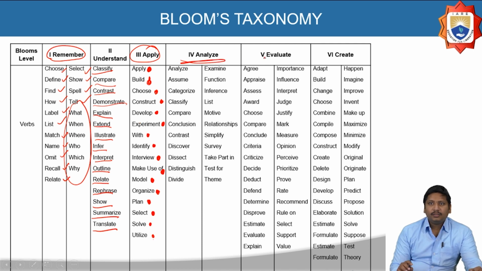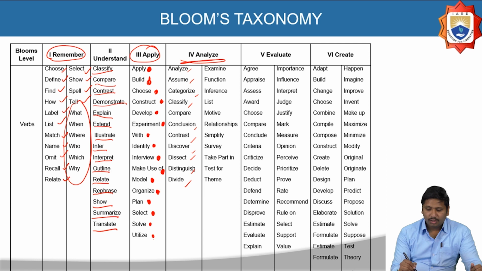The next one is analyze. Analyze is the fourth level of Bloom's taxonomy. The terms that fall under analyze are analyze, assume, categorize, classify, compare, conclusion, contrast, discover, dissect, distinguish, and divide.